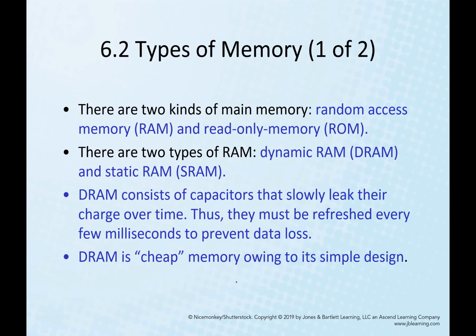Okay, so first things first, there are two kinds of memory, not just two types, just kinds. That's the big picture. We have RAM memory and we have ROM memory. RAM is random access memory, and ROM is read-only memory. So we have the two kinds of main memory.